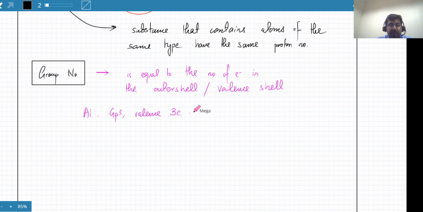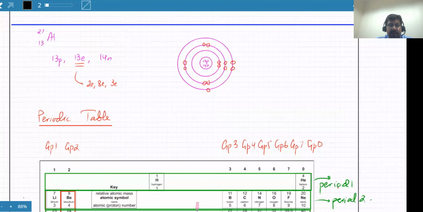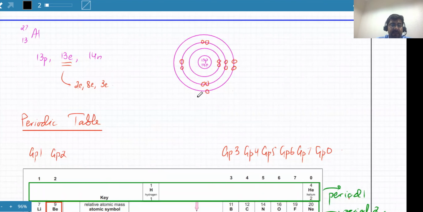And we just drew the aluminium atom before this, so you can clearly see that it has three valence electrons. So you don't have to draw. In that case, the periodic table will help you.